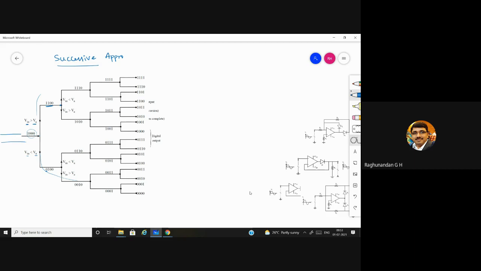If input is lesser, then it is going to this level. Next, again you can see that the 1100 we are having, again here 1110 we are having. So the present values will be retained, and the next bit will be made high.